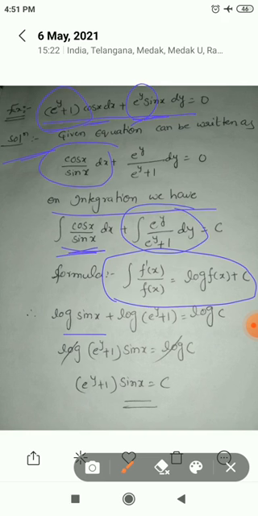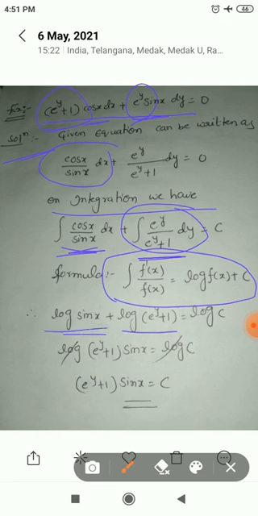Similarly, e to the power of y by e to the power of y plus 1 into dy. The differentiation of e to the power of y plus 1 is also e to the power of y, so we can apply this formula. So plus log of e to the power of y plus 1 equals log c.